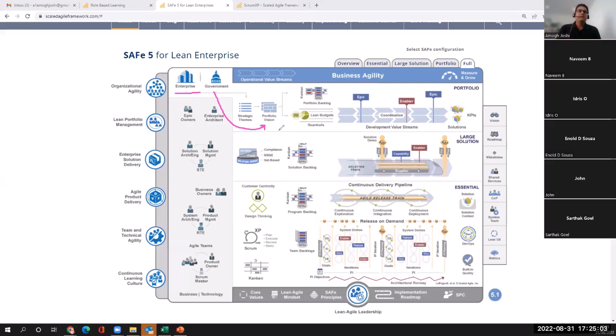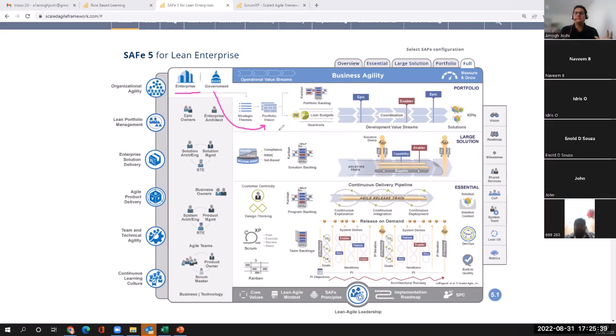Now Virgin Atlantic is an airline. So they might have an operational value stream which says passenger service. A passenger wants to travel and a passenger travels, and all the steps in between: passengers go to the airport, to immigration, to the lounge, they board the aircraft, they take a flight, they come back, go to immigration, get their baggage, and go to the hotel.